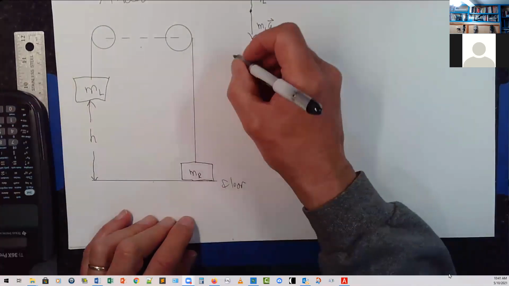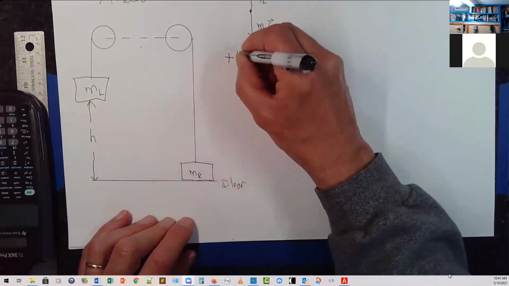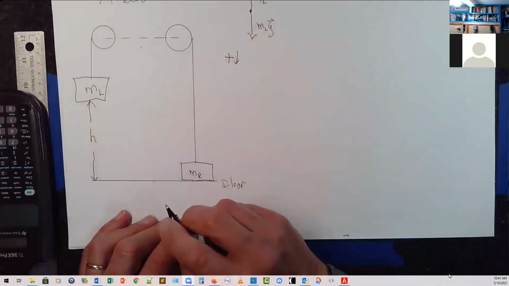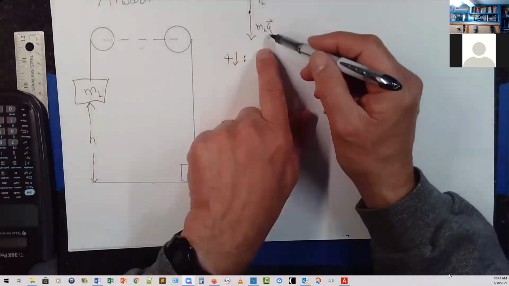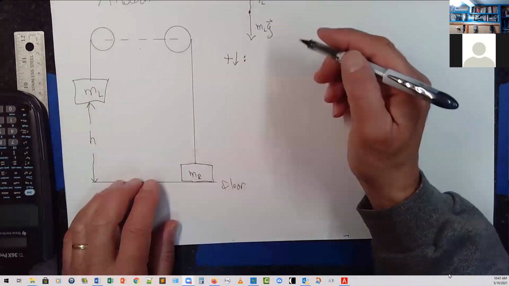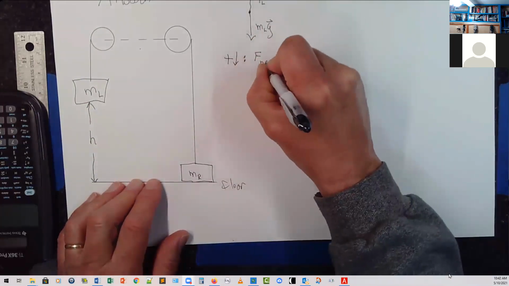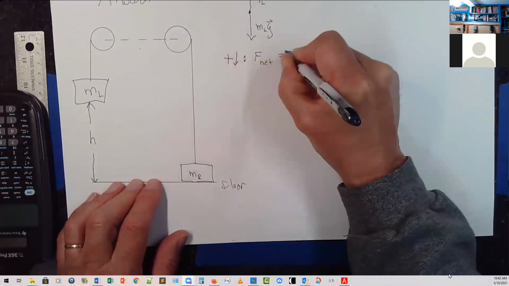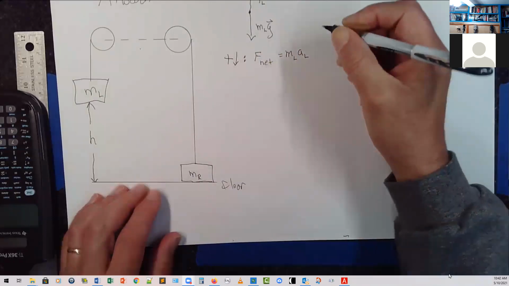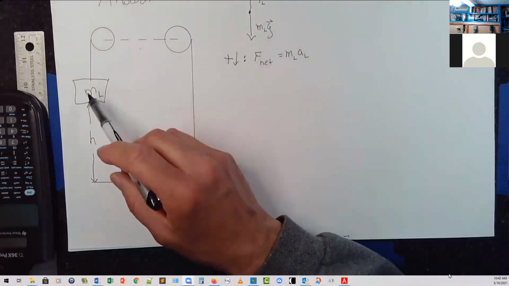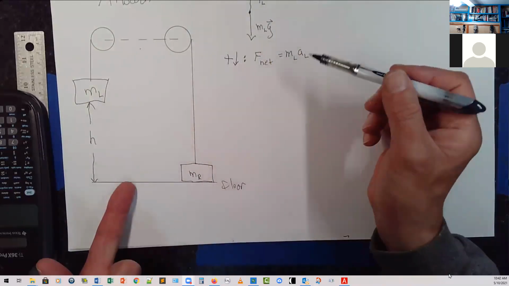With positive being downward, here's how I indicate that: I put a plus sign with a down arrow like that. Then I can write Newton's second law: F net is going to equal m sub L a sub L. The L's just mean that I'm dealing with the left-hand mass here. Okay, what forces do I have?